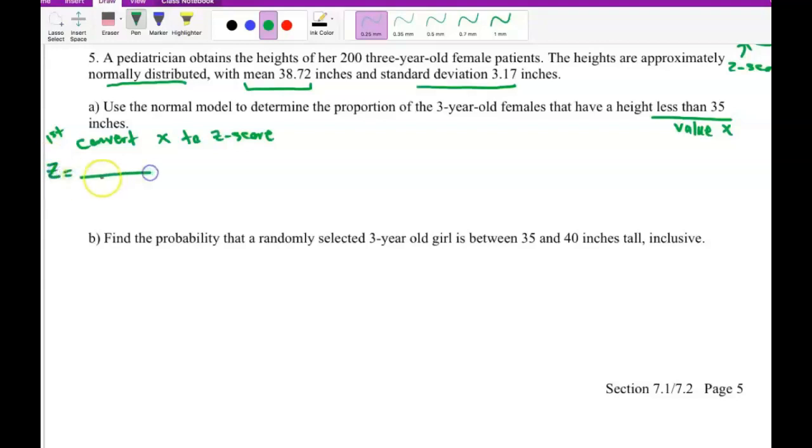Z is equal to x, or our value, minus mean, divided by standard deviation. So our x is 35 minus the mean, 38.72, divided by the standard deviation 3.17. That is equal to negative 1.17.